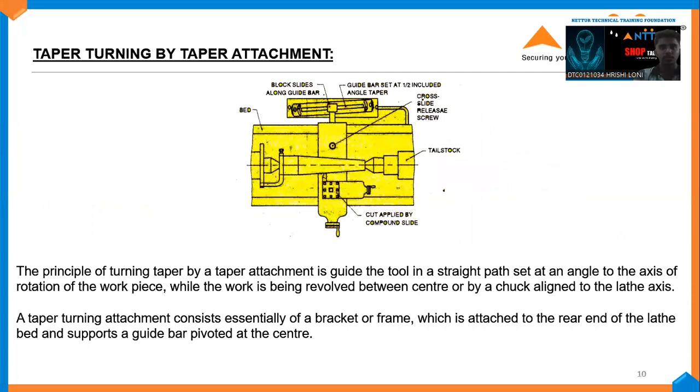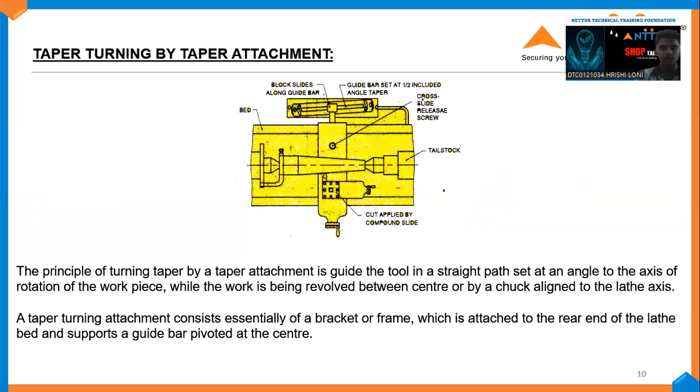Taper turning by taper attachment method. The principle of taper turning by taper attachment is to guide the tool in a straight path set at an angle to the axis of rotation of the workpiece, while the work is being revolved between centers or by a chuck aligned to the lathe axis.